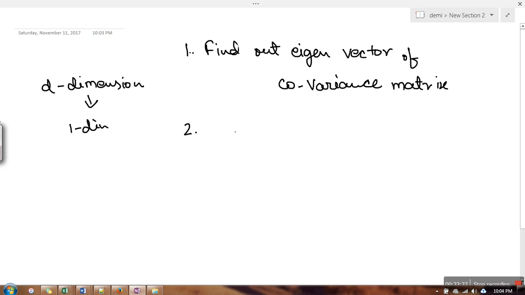That will be the direction we use for our dimensionality reduction. In case we want to reduce d-dimensional data to k dimensions, we find k eigenvectors in such a way that their eigenvalues are higher than the rest of the eigenvalues. So this is the principal component analysis.